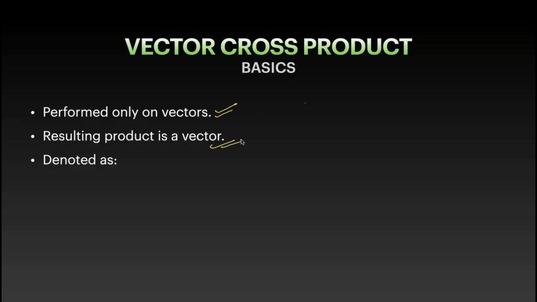In the dot product, the resulting product is a scalar, but here you get a vector. Now, how is it denoted? A cross B like this, and you get some vector, assume C. This is how you denote it.